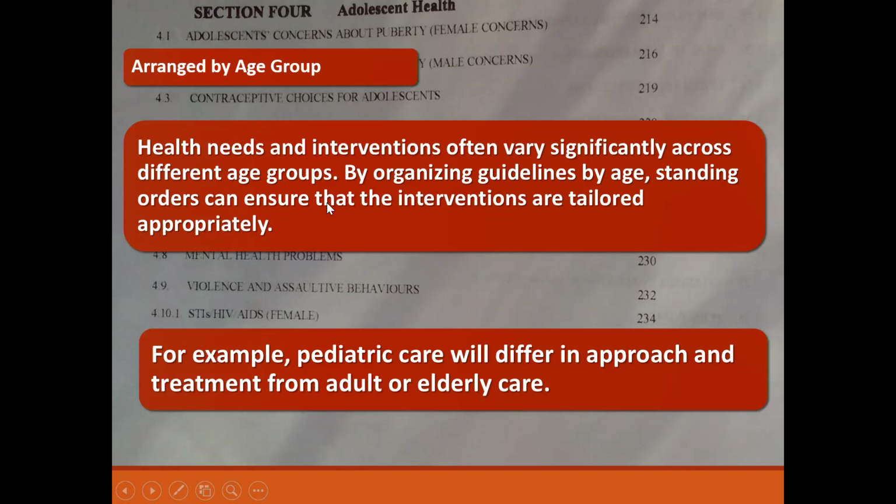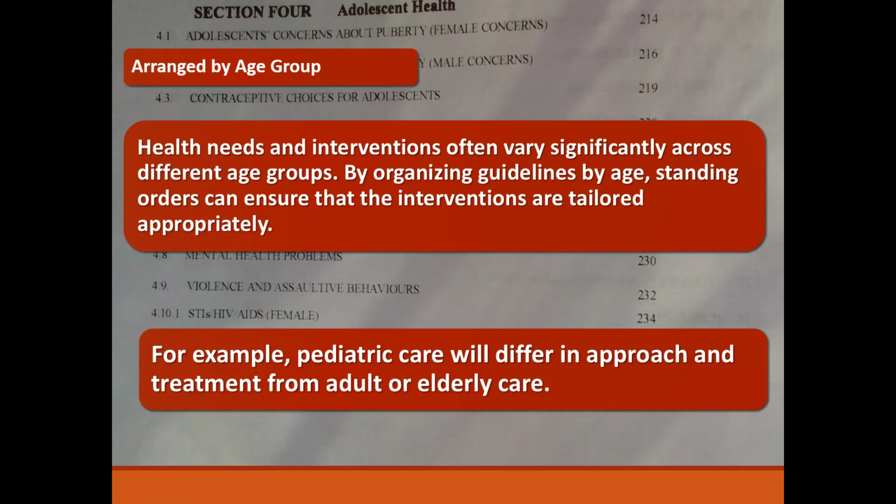So by organizing the standing orders by age, the interventions are tailored appropriately, so a particular person is managed appropriately. For example, pediatric care will always differ in approach and treatment from that of adult or elderly care.